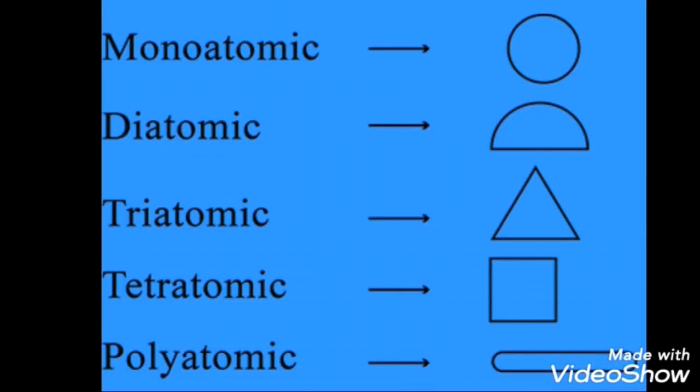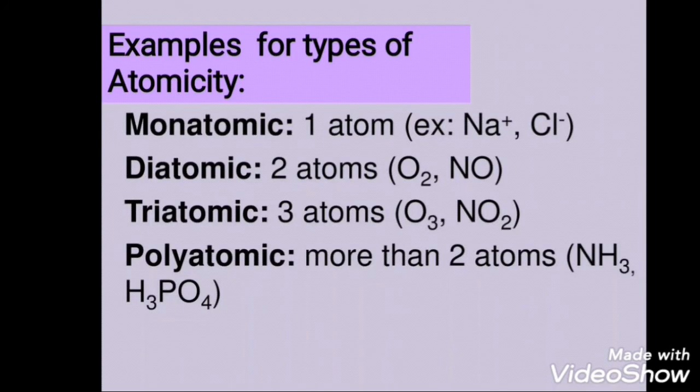Based on the number of atoms present in one molecule of an element, compound or substance, atomicity is divided into monoatomic, diatomic, triatomic, tetraatomic and polyatomic substances. Here are the examples for these types. Monoatomic, sodium and chlorine ion.